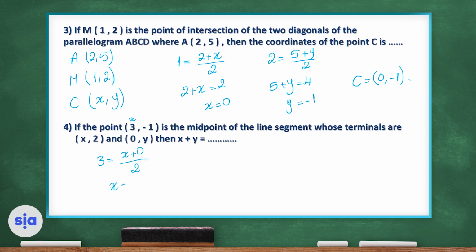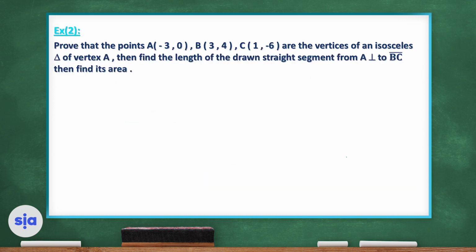So here for sure x equals 6, where the y part of the midpoint, the -1, came from the 2 plus y over 2, then 2 plus y equals -2, then y is equal to -4. If the question wants us here to find x plus y, then x plus y equals 6 plus -4, then it's equal to 2.